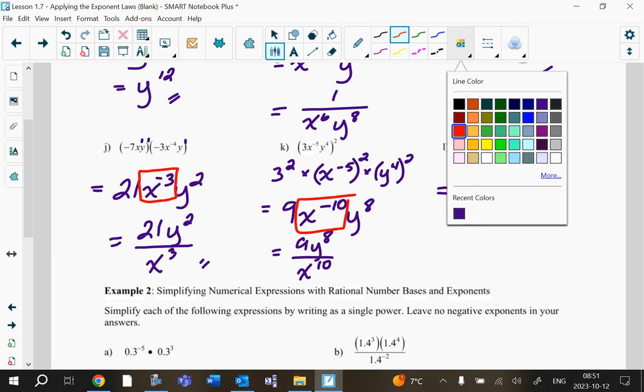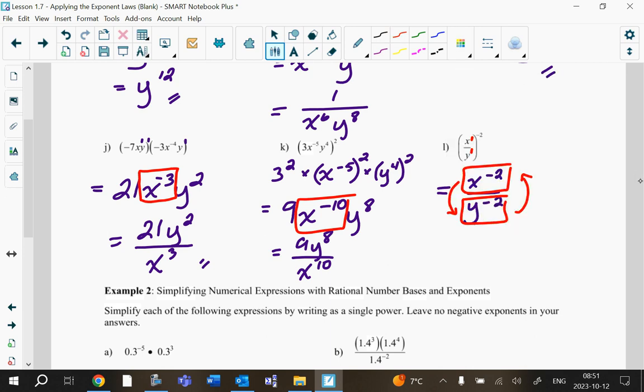So I've got to switch both of these to make them positive. The x moves to the bottom and becomes positive. The y moves up top and becomes positive. So notice what we did in all those questions.